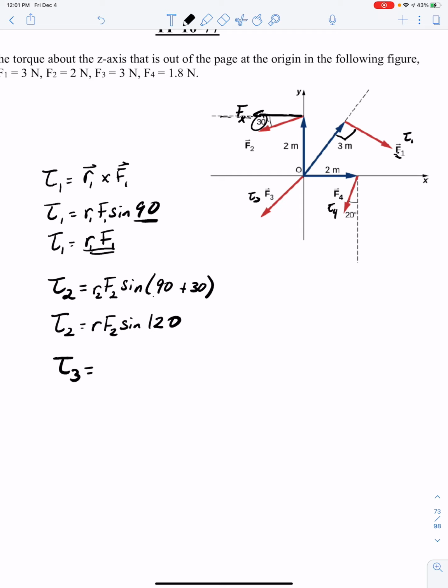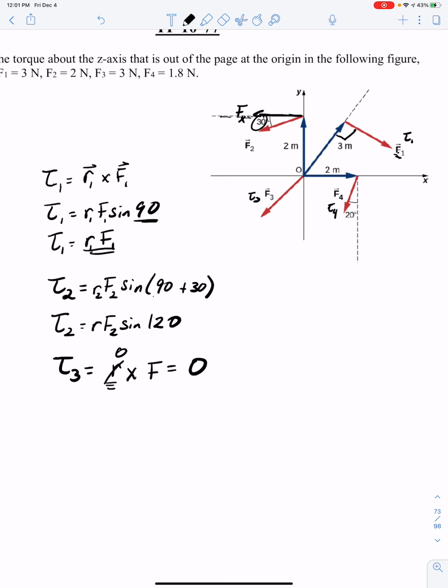It has no distance from the axis of rotation. Remember what I said in the last video I made, where if there is no distance from the axis of rotation, this is 0. Thus, torque is 0.